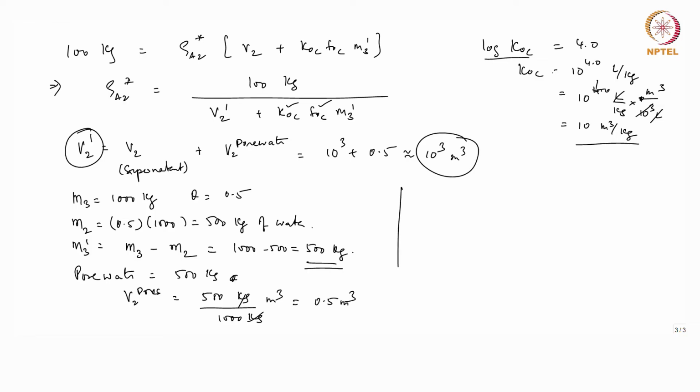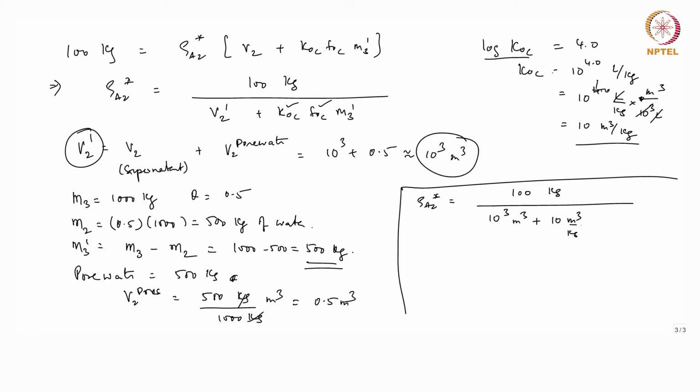So, we now do the final calculation. rho A2 star equals 100 kilograms divided by 10 raised to 3 meter cubed plus KOC, which is 10 meter cubed per kilogram, into FOC, which is 0.2, into M3, which is 500 kilograms.